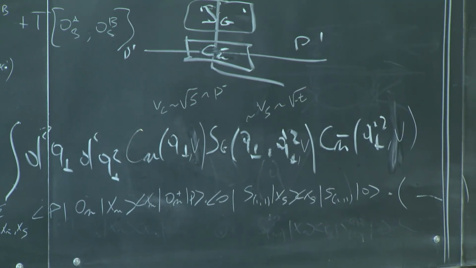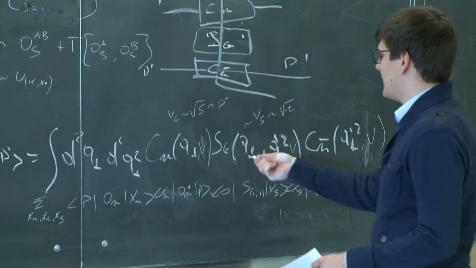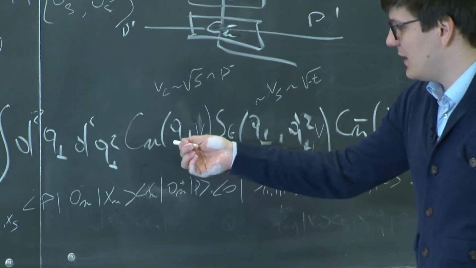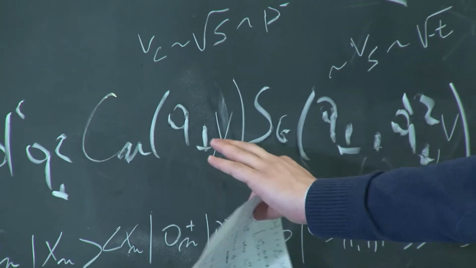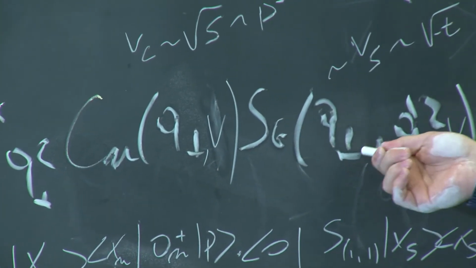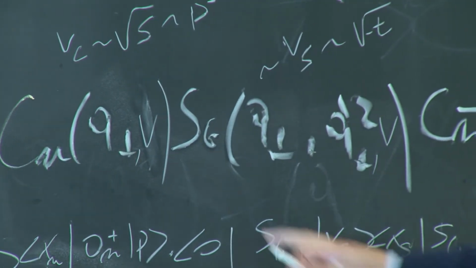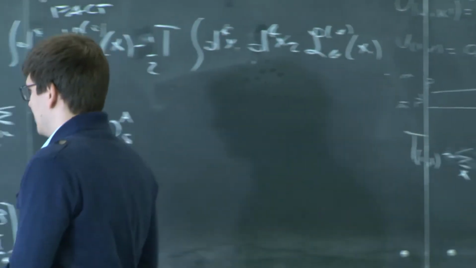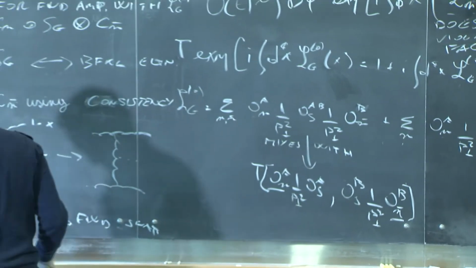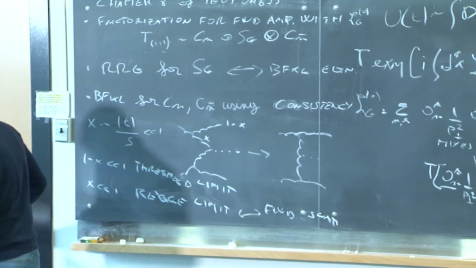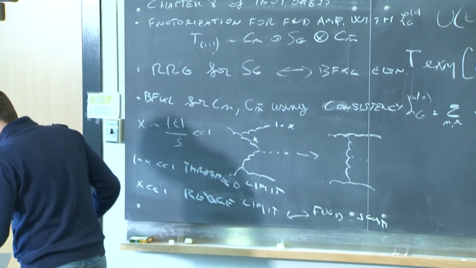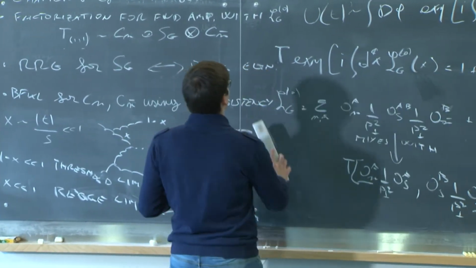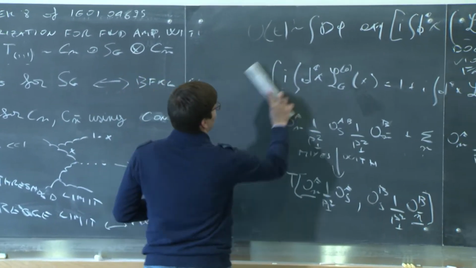And okay, so for the one loop, let's start by saying we set the overall scale at the collinear scale, so these two guys don't run, and we need to study only the renormalization group for the soft function. So let me try to draw in picture the renormalization of SG.